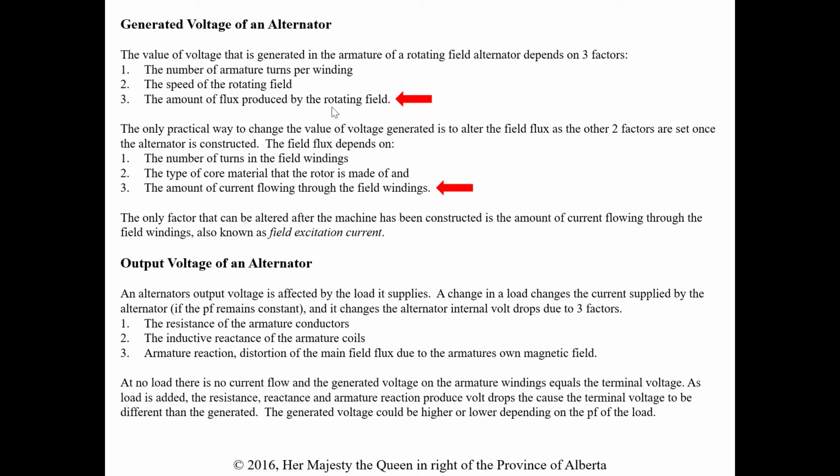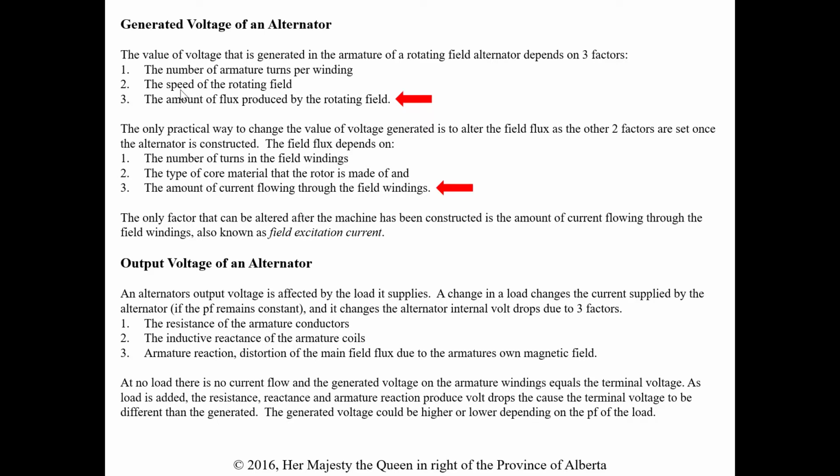So what are the three factors that affect our generator voltage? Again, this is of the alternator itself: the number of armature turns per winding. Again, something that's made in the machine, so we can't really alter that much, and definitely not on the fly.